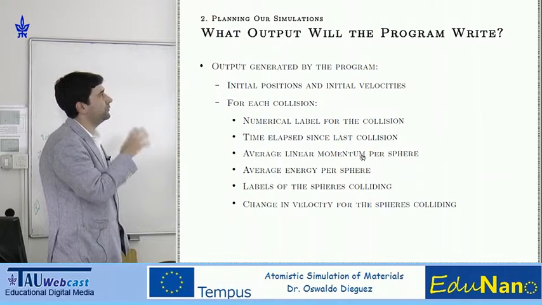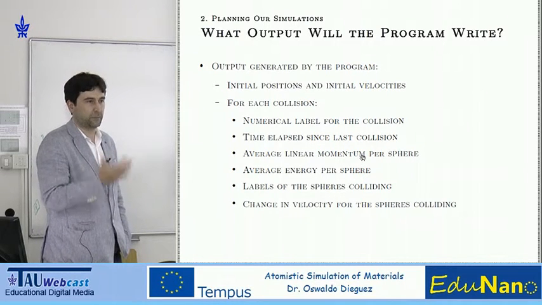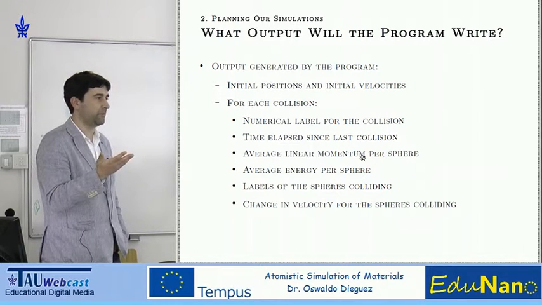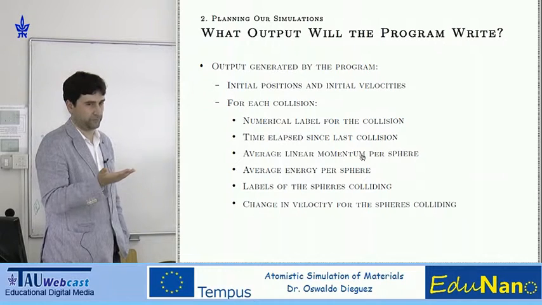So what output do I think we should get? Well, we should get enough output to track what happened in the system at any time. And this is basically where every ball was, and what the velocity of every ball was.